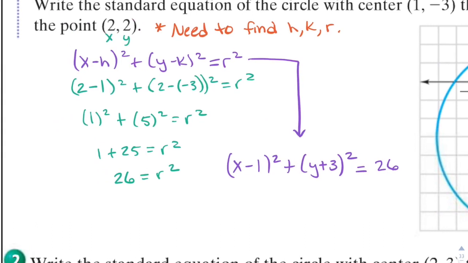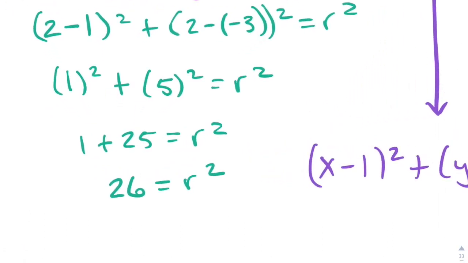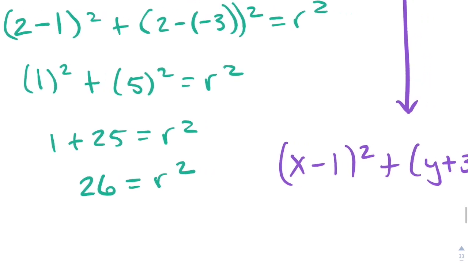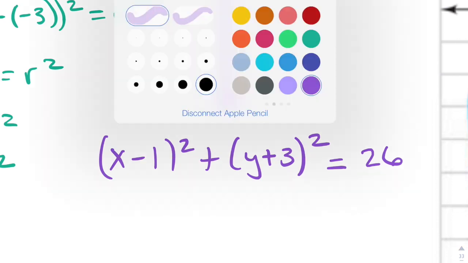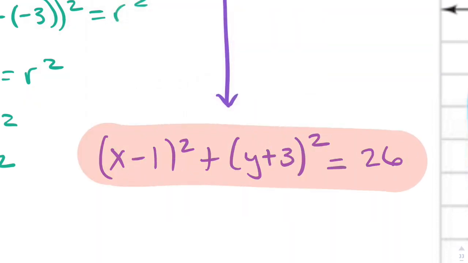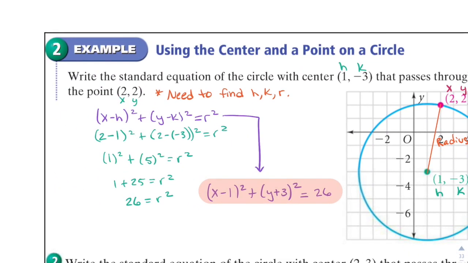See, using this formula gives me r squared. It doesn't solve for r. I can go further and solve for r, but why would I do that when I need r squared anyway? So I already have my r squared, and I just substitute that in for the equation of a circle in standard form.